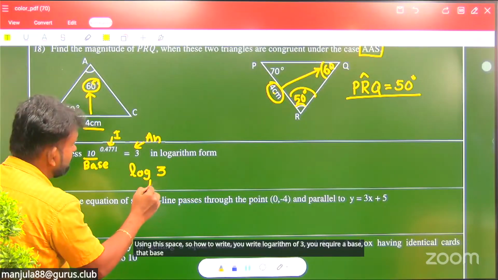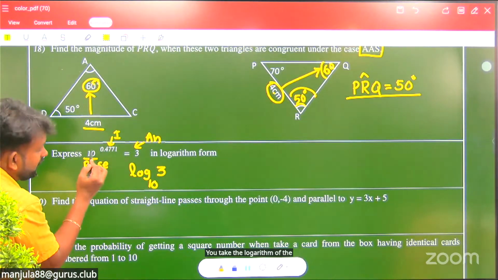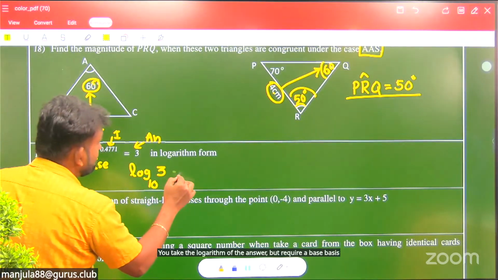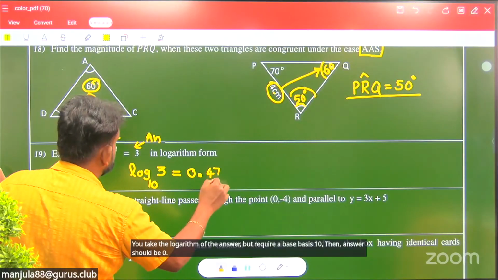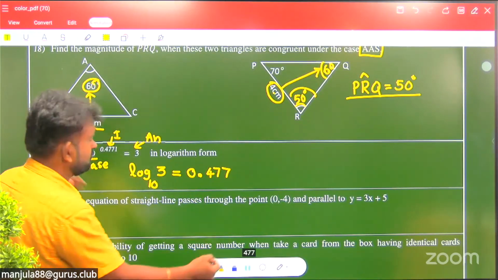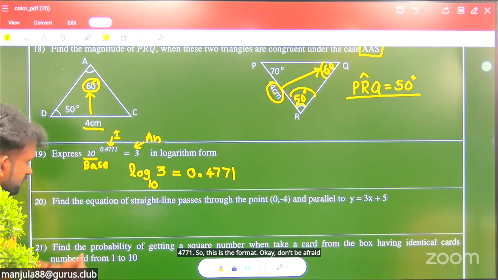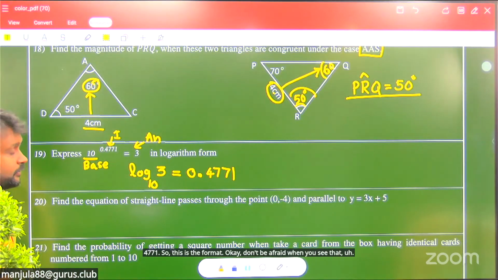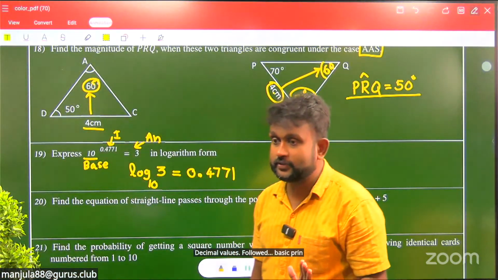You bring that base here. You take the logarithm of the answer with base 10, then the answer is 0.4771. So this is the format. Don't be afraid when you see those decimal values. Follow the basic principle, follow the basic concept.